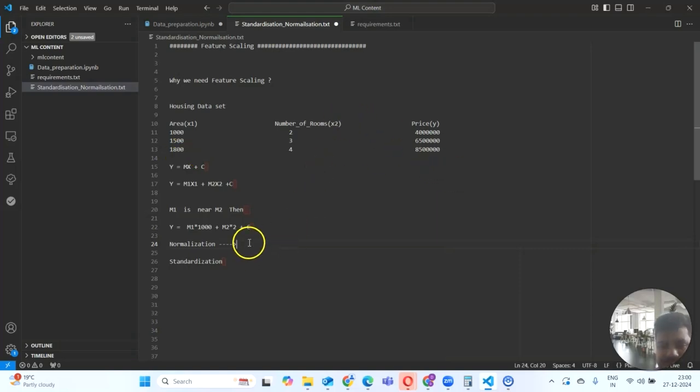How do we do it? A very simple formula: X normal is equal to x minus x min divided by x max minus x min, and let's put the brackets.